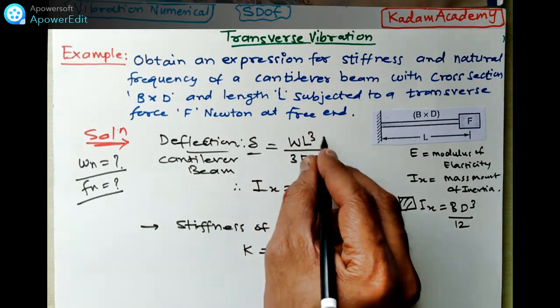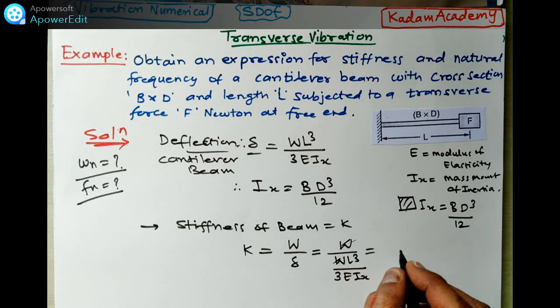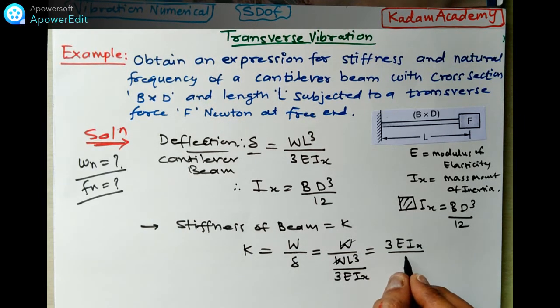Put the value of del, which is WL cube in 3EIx. So W gets cancelled here. What is remaining then? 3EIx in the numerator and L cube in the denominator.